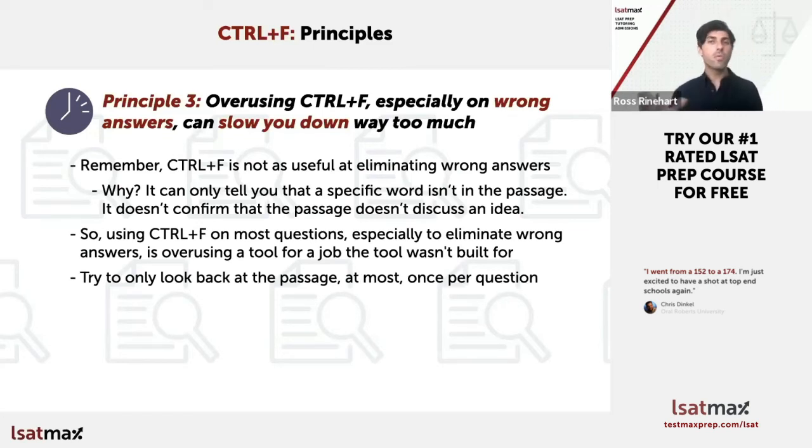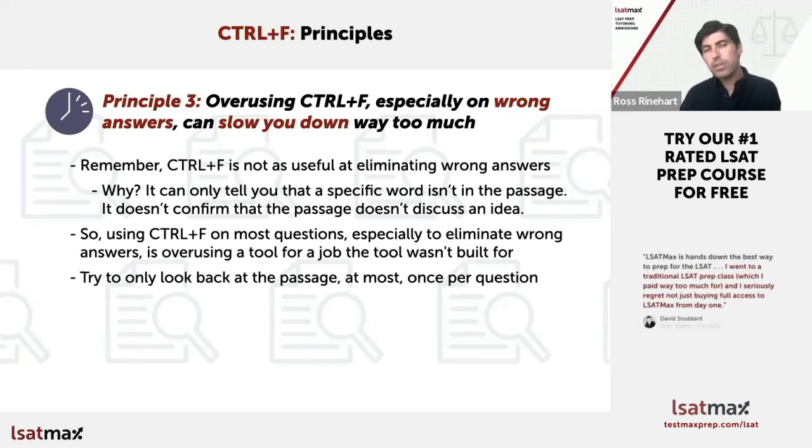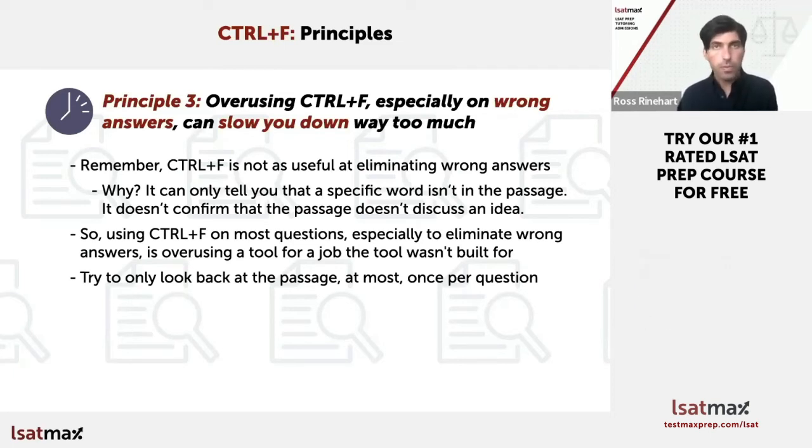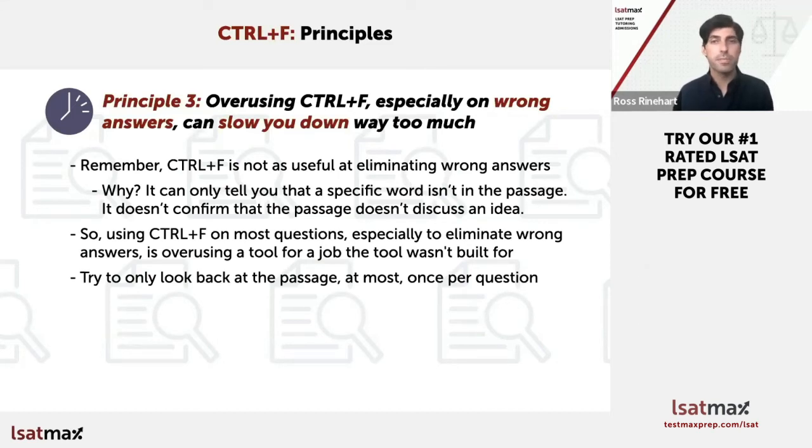So to avoid overusing Ctrl+F, a tip that I would give you all is to try to only look back at the passage at most once per question. If you're trying to use Ctrl+F on every single answer choice, on every single question, you're overusing that tool, you're slowing yourself down too much, and you're using that tool in a context that the tool just doesn't really work that well in.